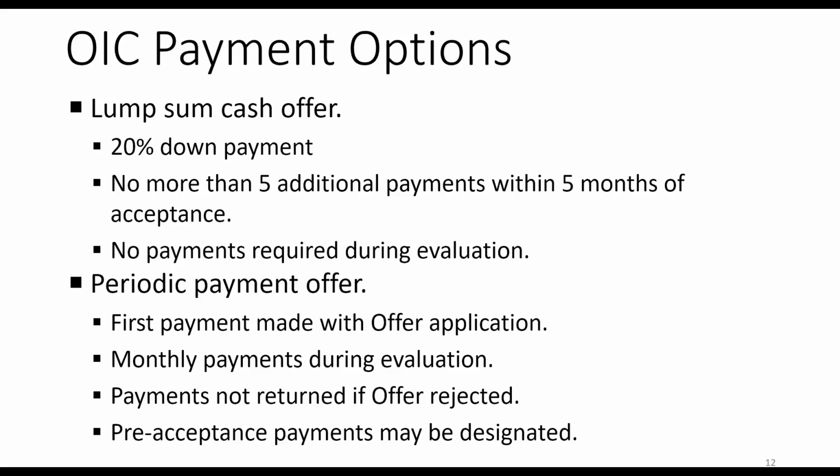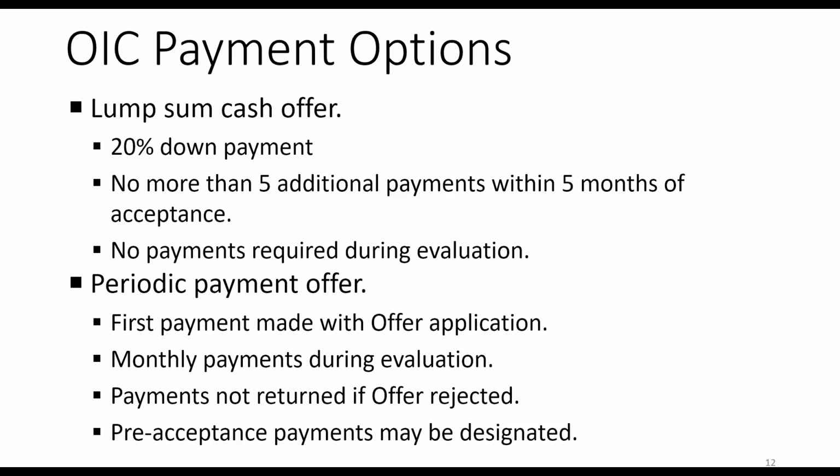Now we're dealing with doubt as to collectability, so at this point you're asking whether your client can do either the lump sum cash offer, which is kind of misnamed, or the periodic payment offer. The lump sum cash offer requires a 20% down payment with the application and then no more than 5 additional payments within 5 months of acceptance.